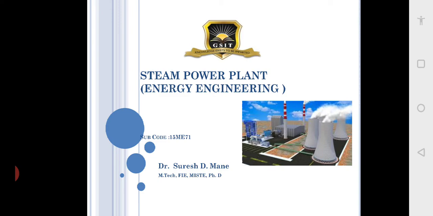Somewhere in that range, from 10 to 50 megawatt. So they have huge boilers which generate the steam which is used for heating of the sugarcane juice to convert it to sugar, and also the excess steam is used for power generation in a cogeneration plant.